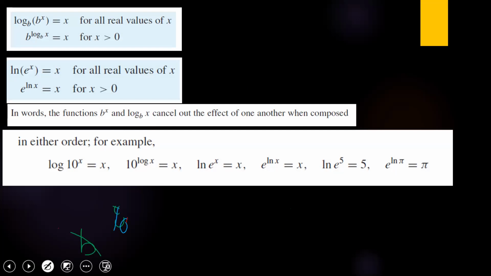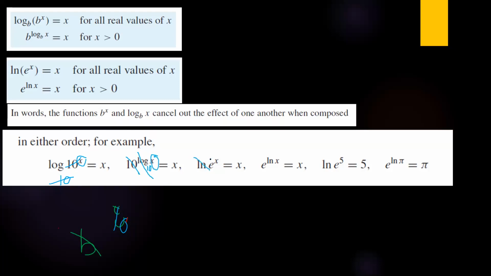So logarithm. Here we have examples. Let's read them. Logarithm to the base 10. If nothing is written, that means the base is 10. Logarithm to the base 10 of 10 to the power x, that means 10 cancels 10. So the answer is x. And if you have 10 to the power logarithm of x, the logarithm cancels 10, so the answer is x.